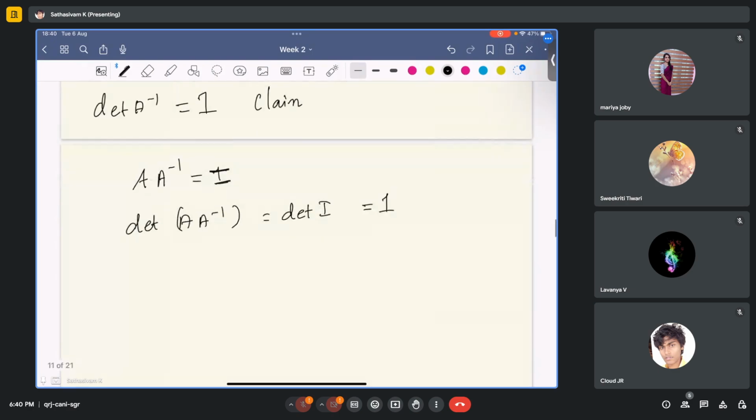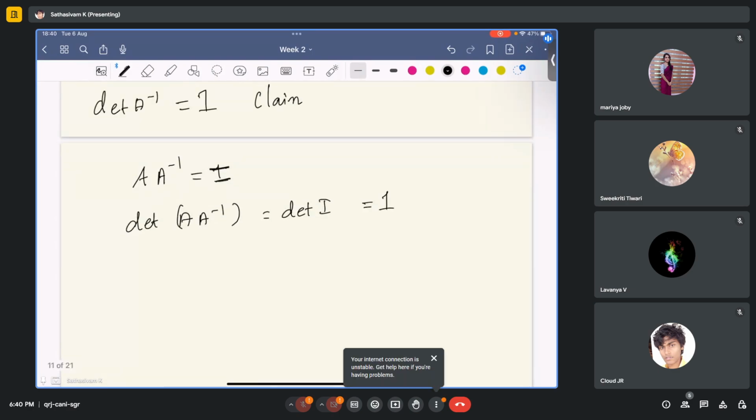And the determinant of the product, this is the homomorphism property. Sorry for using the word homomorphism, we'll come back to it later. So it splits here into determinant of A times determinant of A inverse, and this is equal to 1.